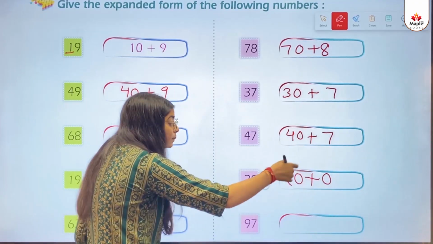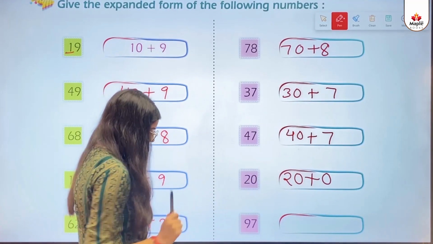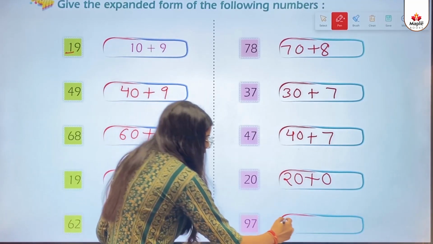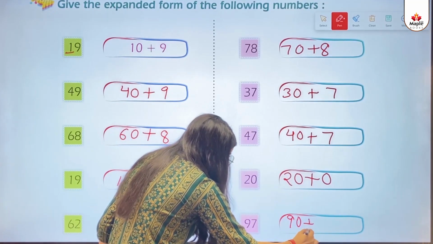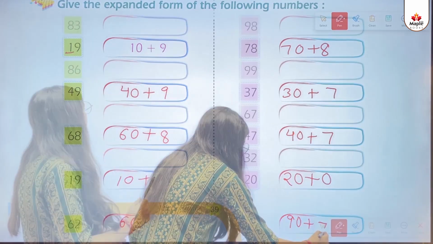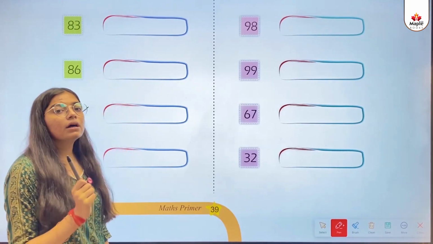Okay, this is the expanded form for these types of questions. Okay, then 97. 9 is on the tens place. So we will write 90 plus 7, as 7 is on the ones place. So we will write 7 here. Then 83. 8 is on the tens place.